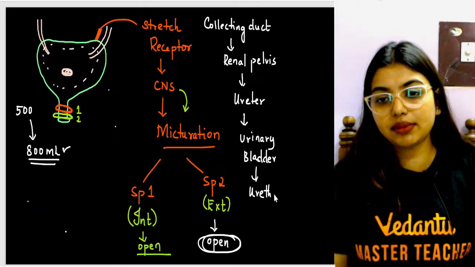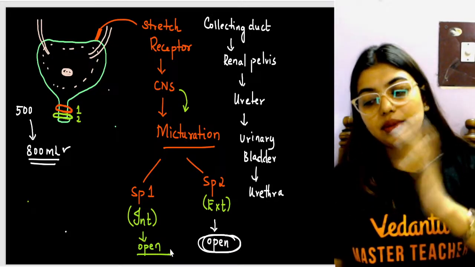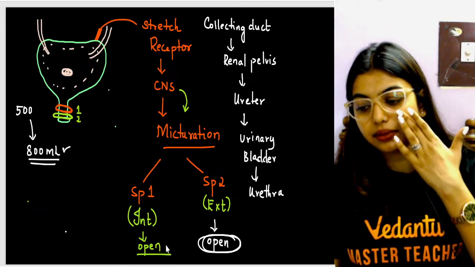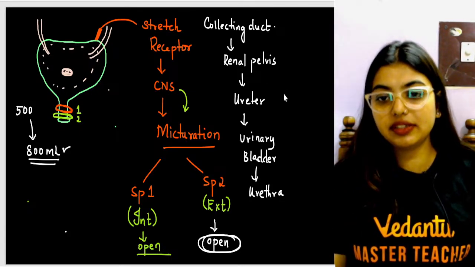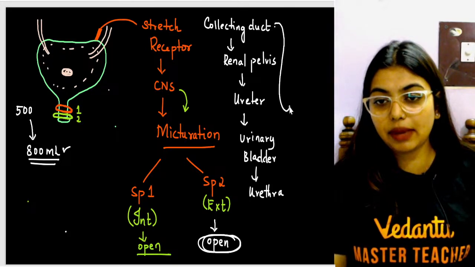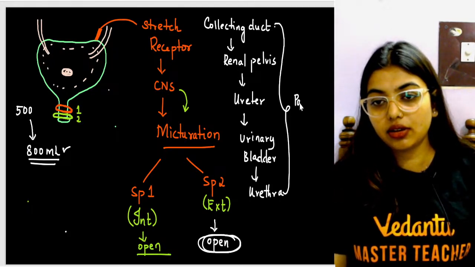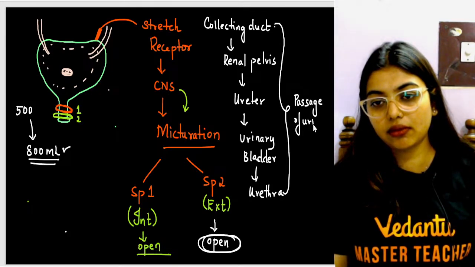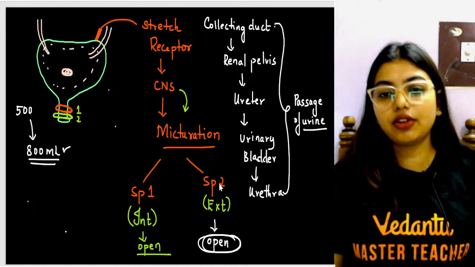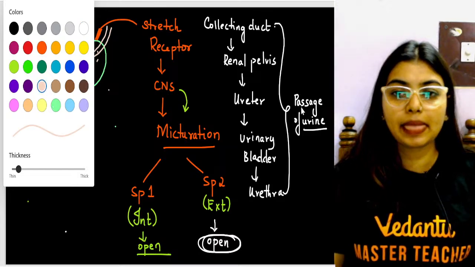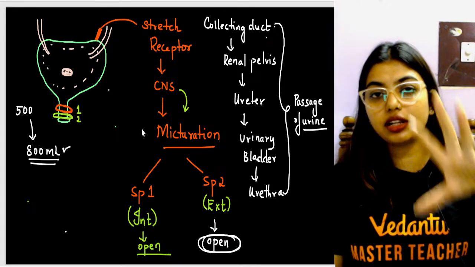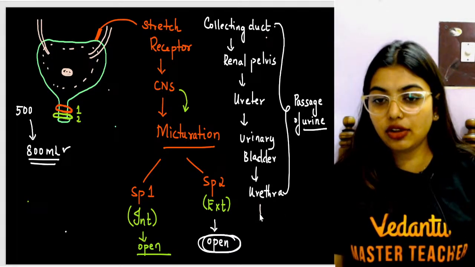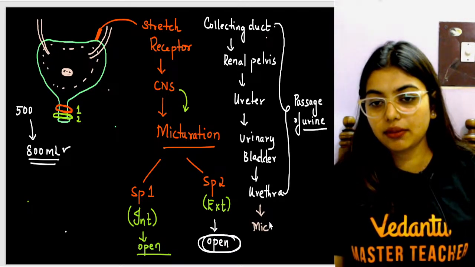Students, don't think that ma'am's head got bent, but this is comfortable for me, and if I move that side, it's paining. So students, collecting duct to renal pelvis, this is the passage of urine. Got it? Clear or not? So from collecting duct to renal pelvis to ureter, ureter to urinary bladder to urethra, and then your micturition happens.